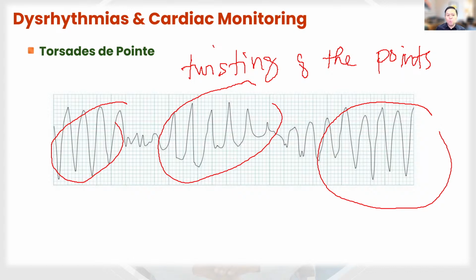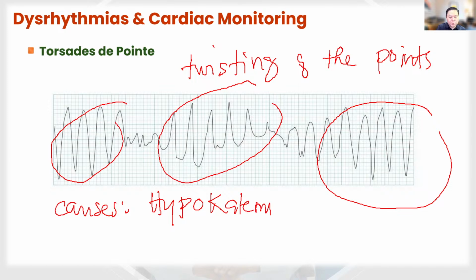Now, what do you think can cause torsades? There are many causes. One of those could probably be hypokalemia, low potassium. Usually it will be as low as 2.0 or anything lower than that.